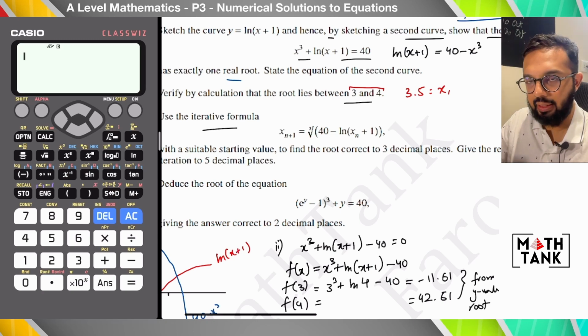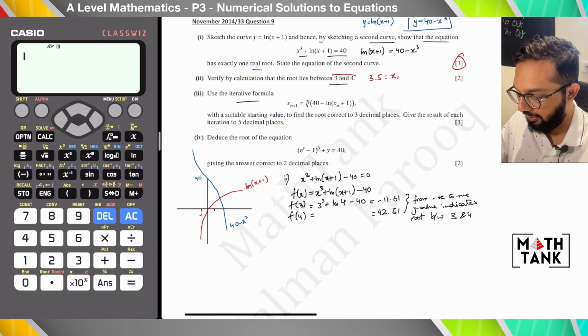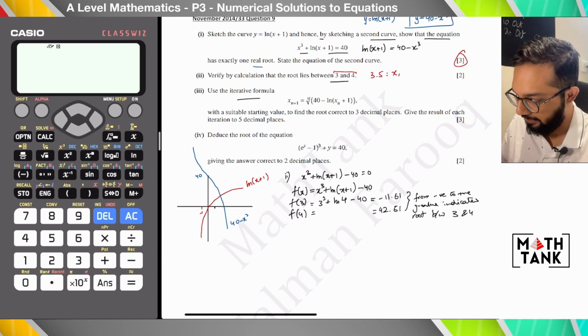Okay, so I have my calculator in front of me right now. What I'm going to do is first write x1 equals to 3.5, and that is what I'm going to do on my calculator as well. Write 3.5 and press equals to.